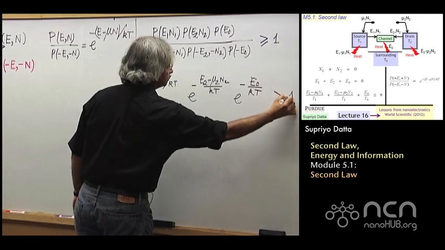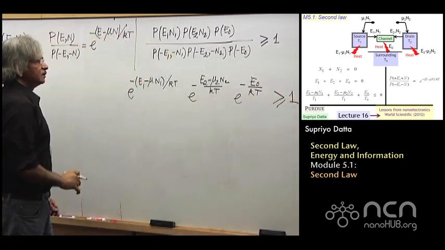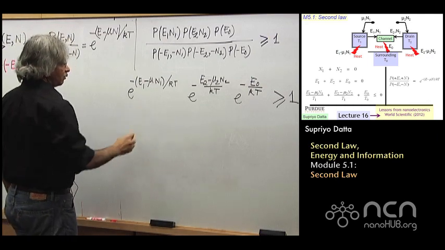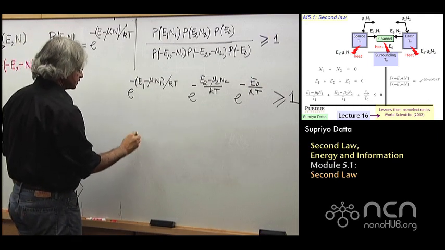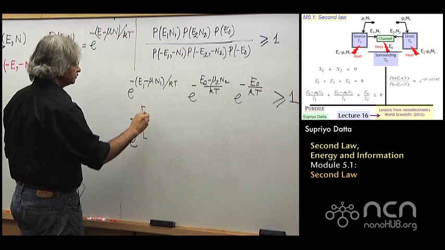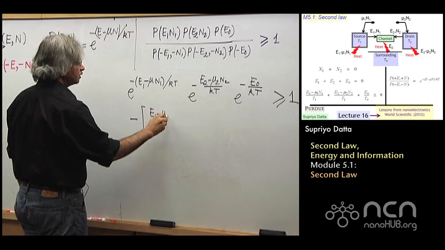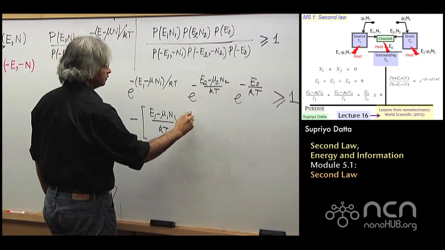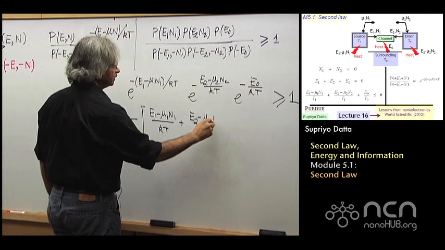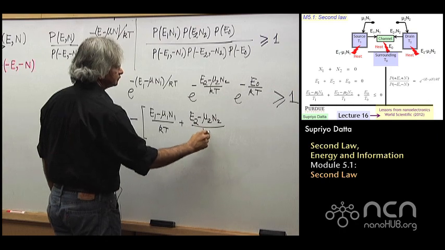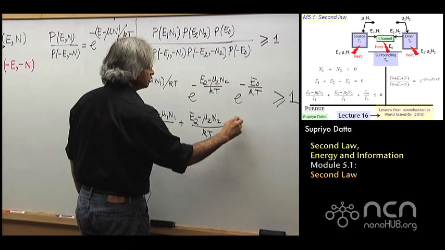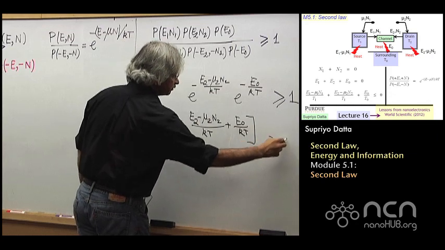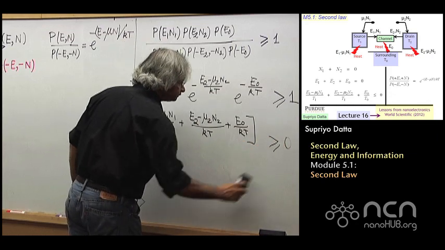And the total product is greater than or equal to 1. So I could write this as exponential of negative of [(E1 minus mu1 N1) over kT plus (E2 minus mu2 N2) over kT plus E0 over kT], that's greater than or equal to 1.